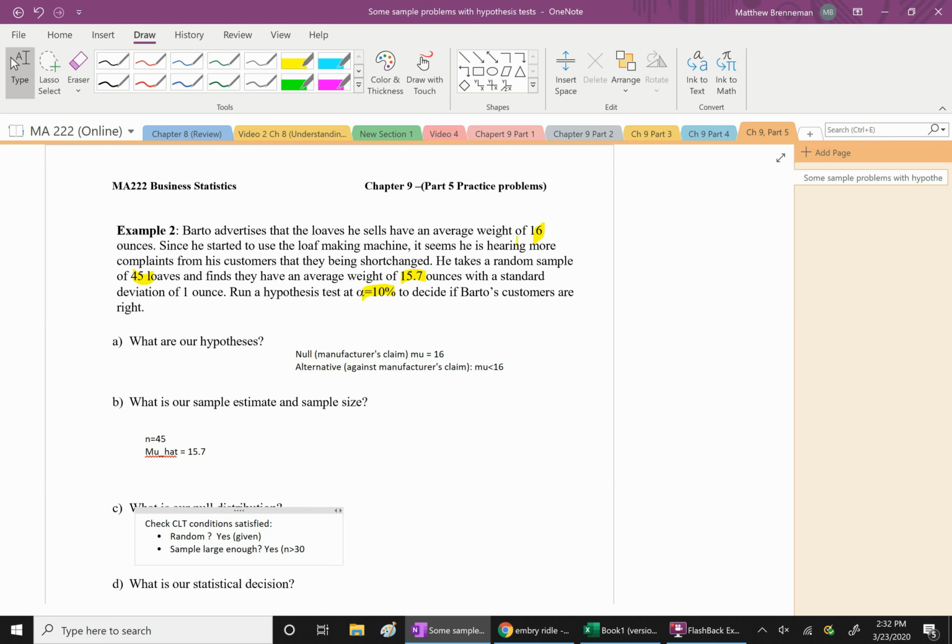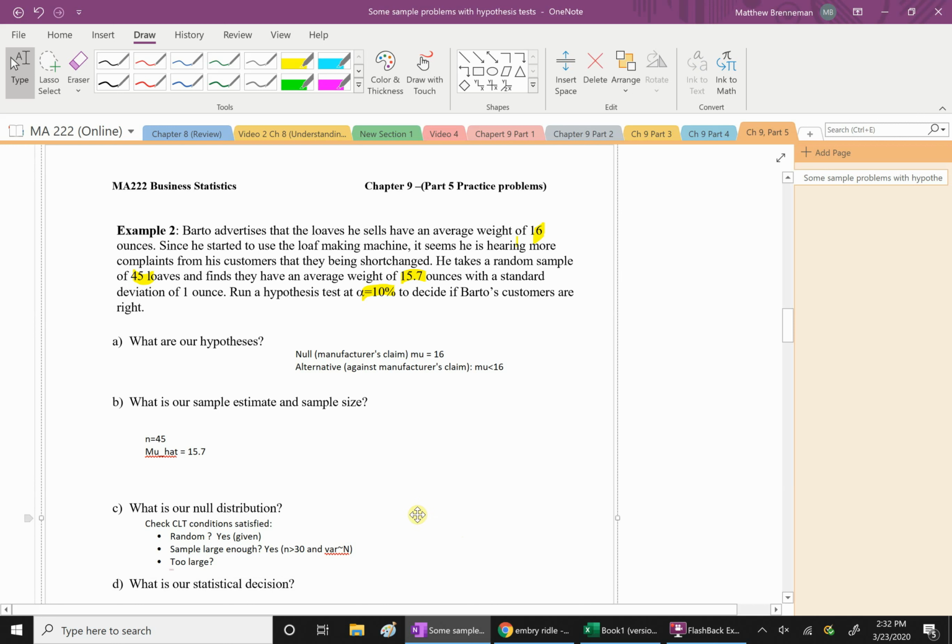First of all, n is greater than 30, but also our variable has a normal distribution. Okay. Is our sample too large? Well, probably not. To be too large, the total population would have to be 450, and we assume that he probably makes more than 450 loaves of bread, so it's probably not.